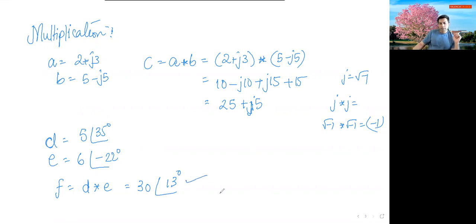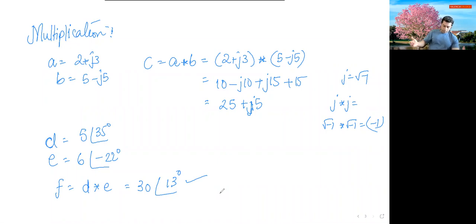So multiplication is pretty straightforward. It's much easier to do multiplication if the numbers are in polar form, because as you saw, you just multiply the magnitudes and you add phases. But if it is given in rectangular form, you can still perform multiplication. A little bit lengthy process, but still it is doable.